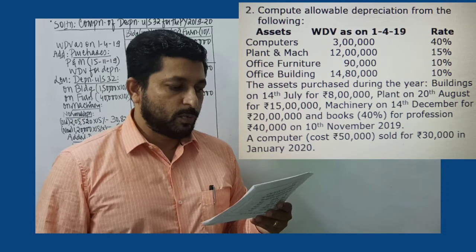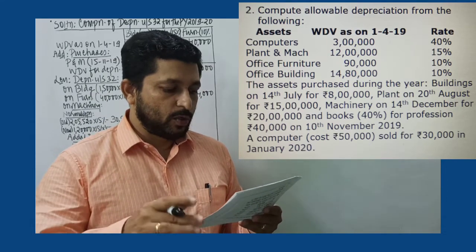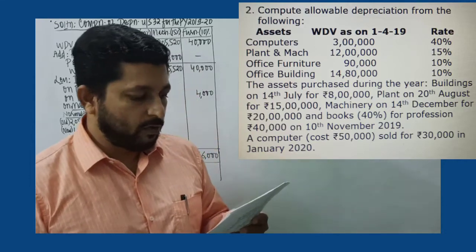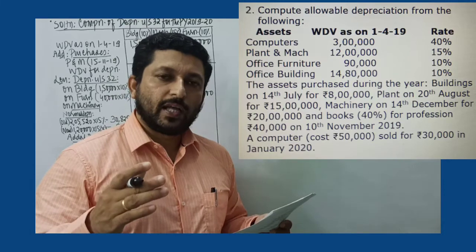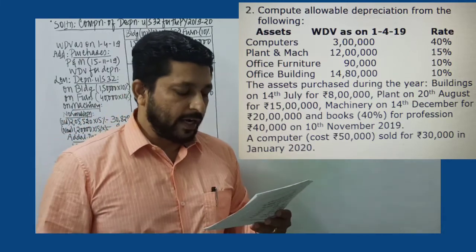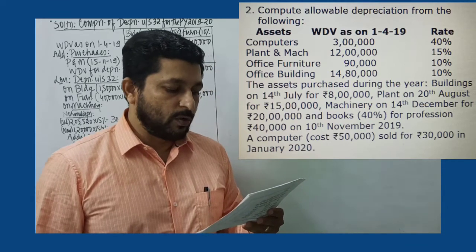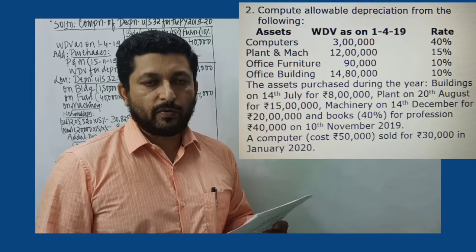And books at 40% for profession, that is 40,000 given. So books is just purchased, there is no opening value, and this is done on 10th of November 2019. So 10th of November 2019 to 31st March is again less than 180 days. Then a computer whose cost was 50,000 was sold for 30,000 in January 2020.